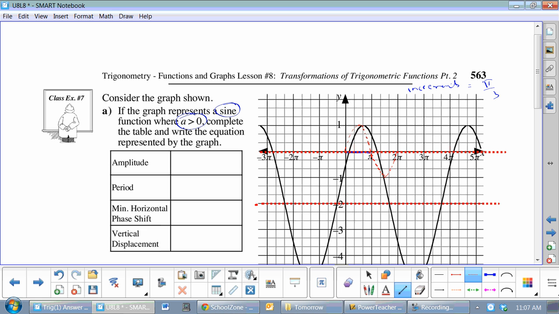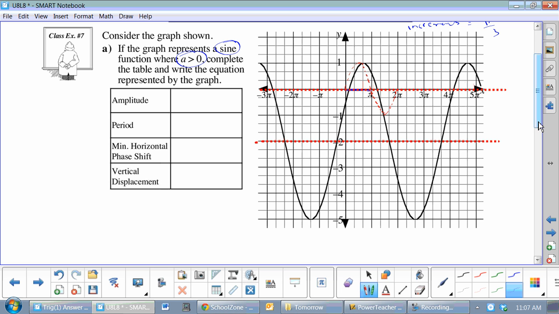Okay? Now, with that midline, it tells me a lot of good stuff. The first thing that I realize is now I know what the amplitude is. The other thing that I know is I know how much it's moved left or right. Because do you see, when you stretch things, I want you to look at this original graph. When you vertically stretch it, will this move?